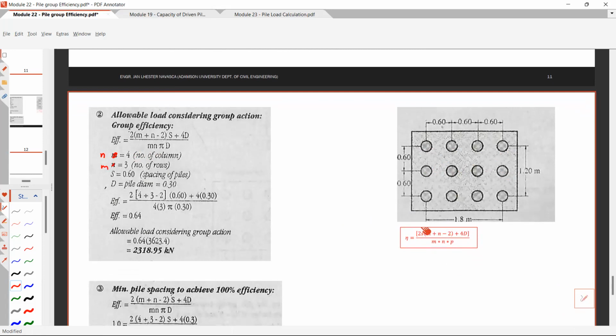But let's go with the definition we gave. So your M is the number of rows, 1, 2, 3. And sorry, the N is the number of columns, which is 1, 2, 3, 4.